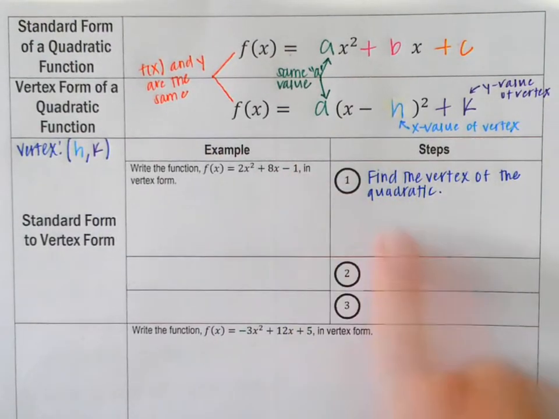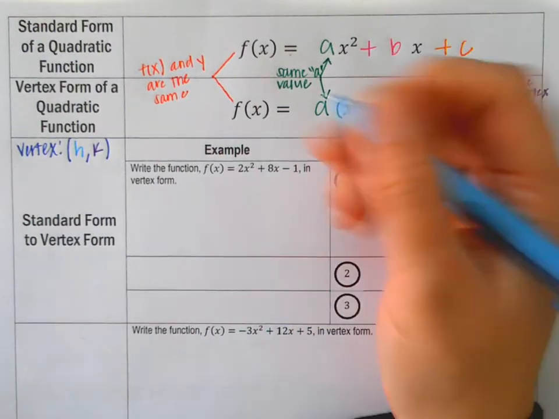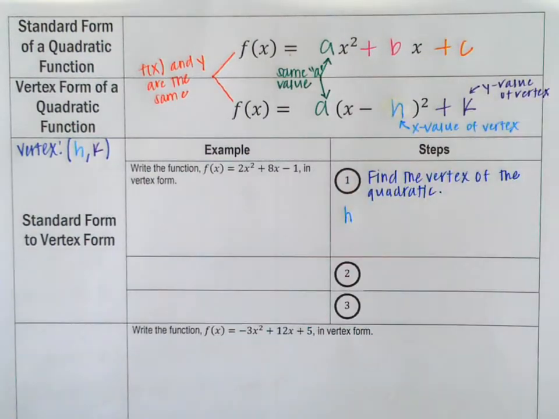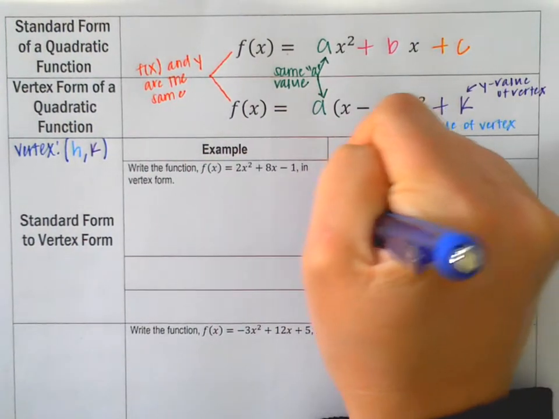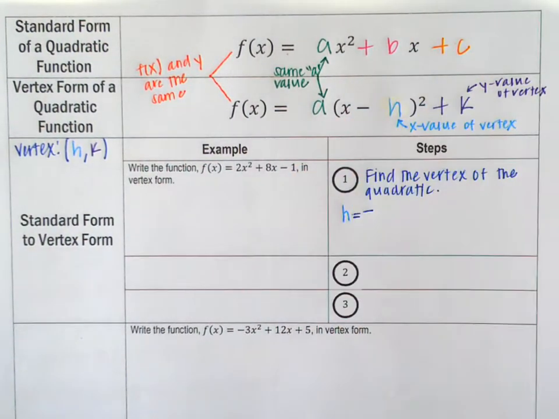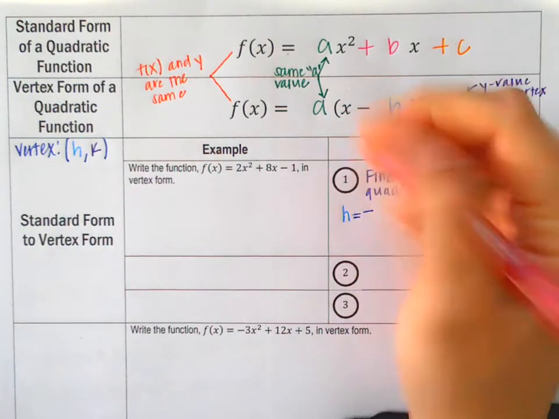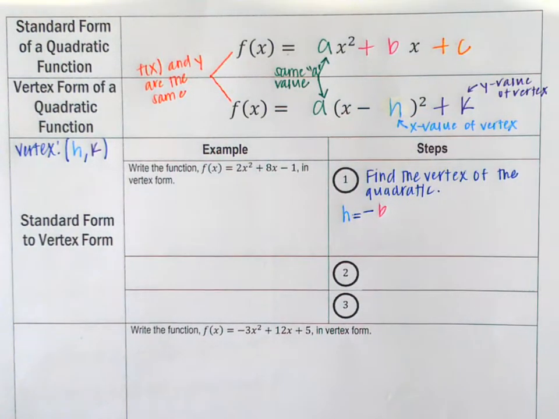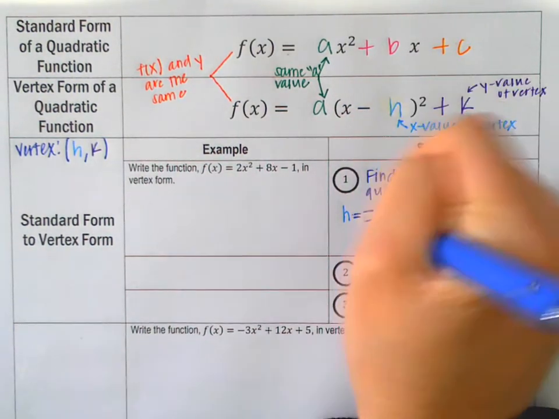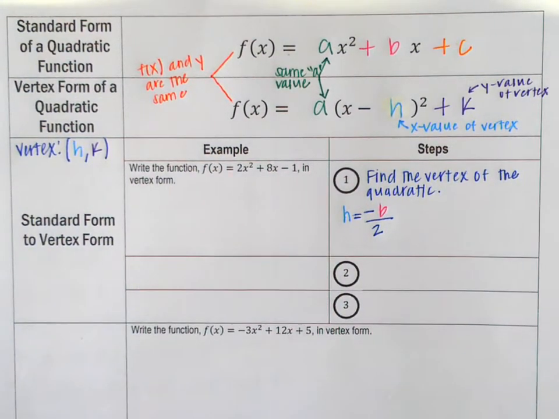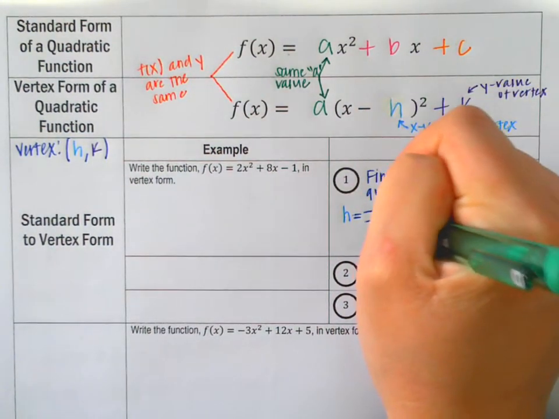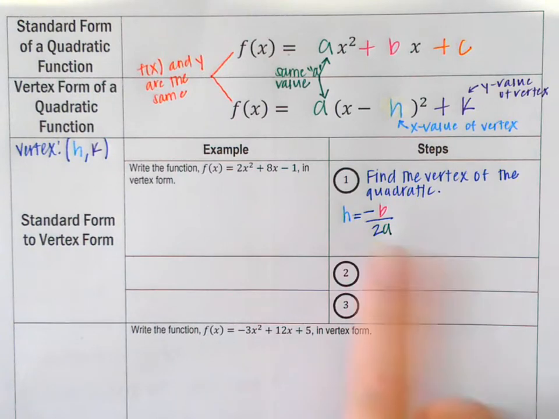Okay, so remember the h value is equal to the opposite of b, so negative b, divided by 2a. So that's our formula.